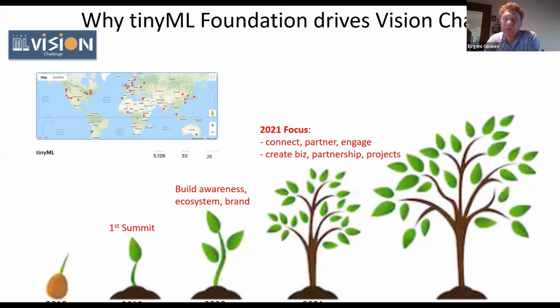We are diversifying in a way from being an event type of community to more of a global connected community where people work together, develop value together, partner together, and learn from each other. I think that's going to be our focus this year. So that's why we are super excited about this first step.